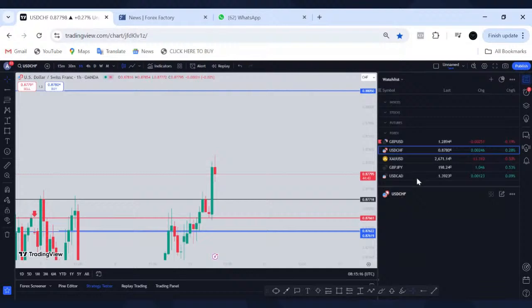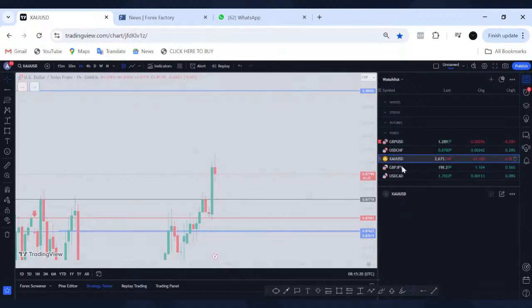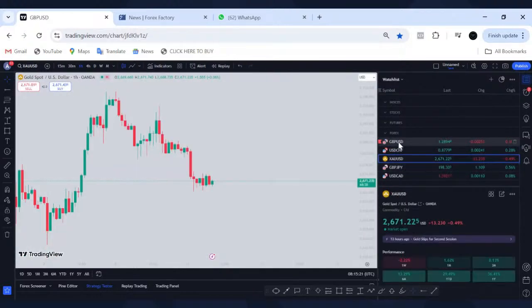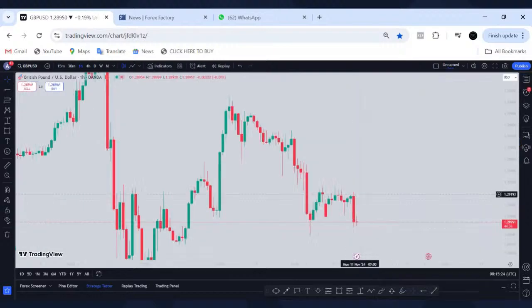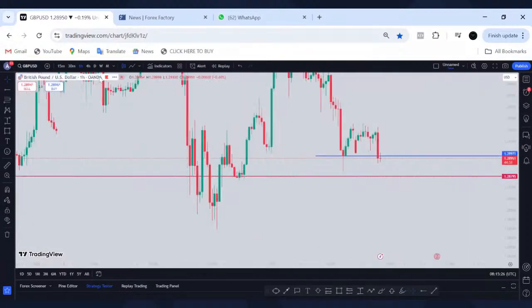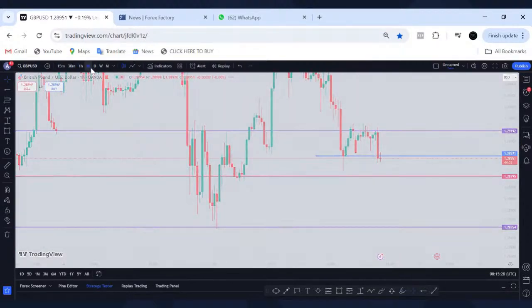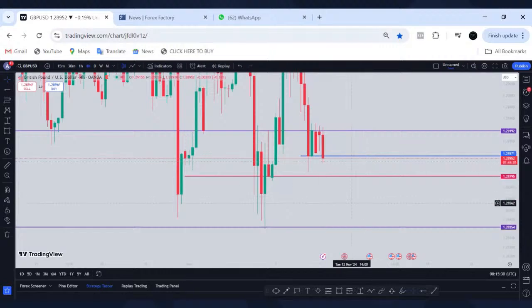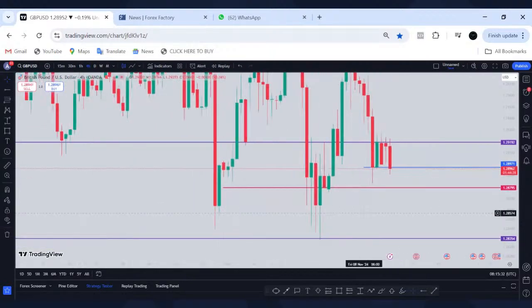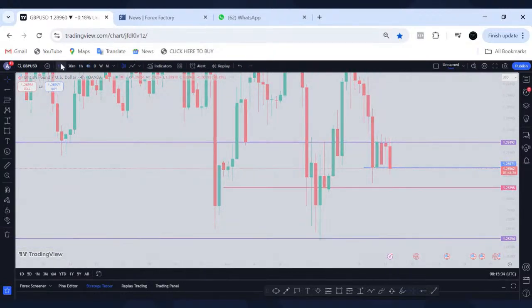Yeah, so as I said, the week has just started, so we need to take it slow. The market is going to have more opportunities for us. But today would have been a nice day for GBP USD. I didn't look at it.